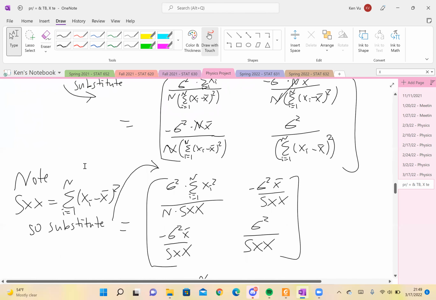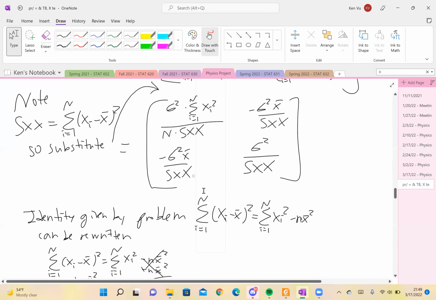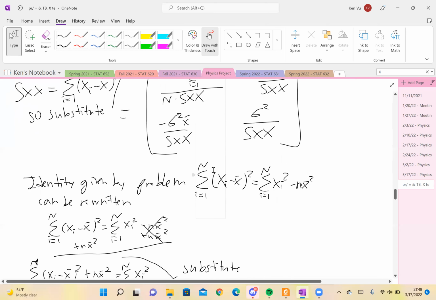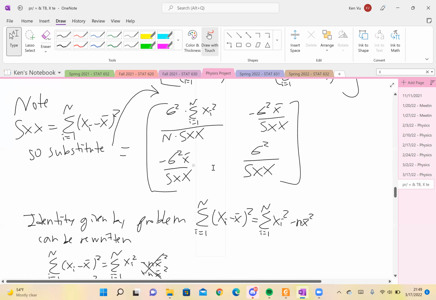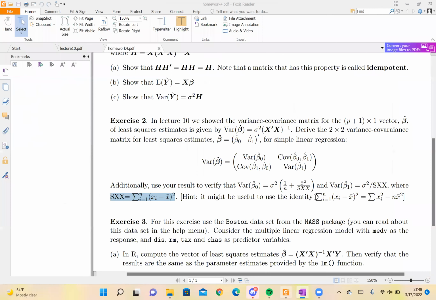Wherever you see this sum of the squared differences between x and x bar, replace it with Sxx, just for convenience. And if you want to rewrite a little further, remember the identity we used earlier? This one right here.